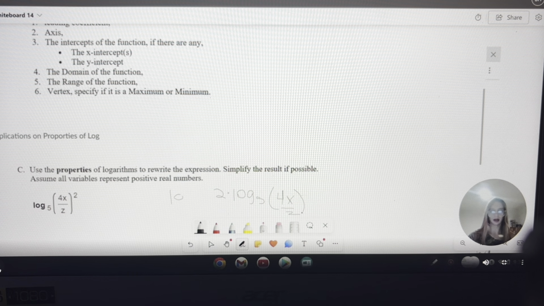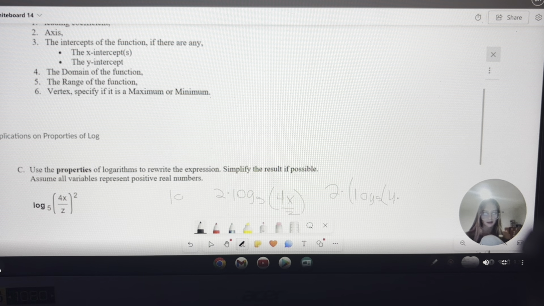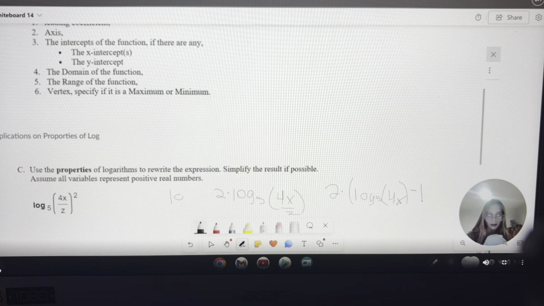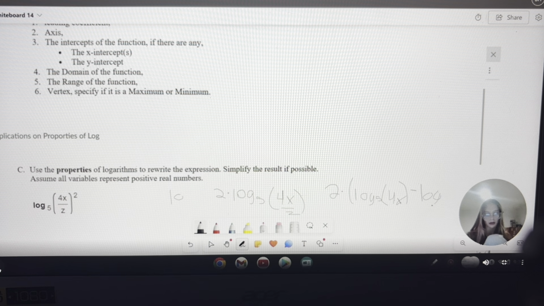Okay, and then next we want to use the quotient rule, so that would be 2 times parentheses log base 5 of 4 times x in the parentheses as well, and then minus log base 5 of z.